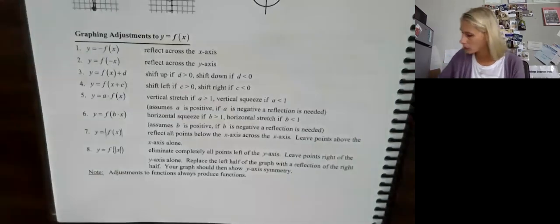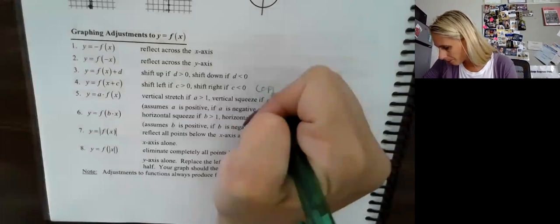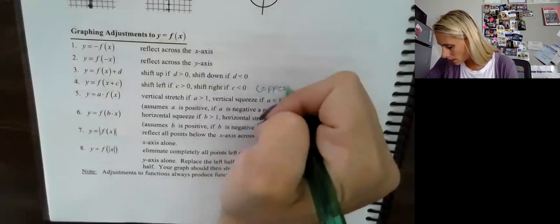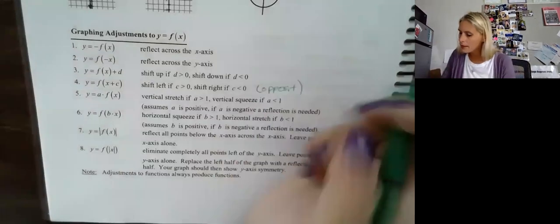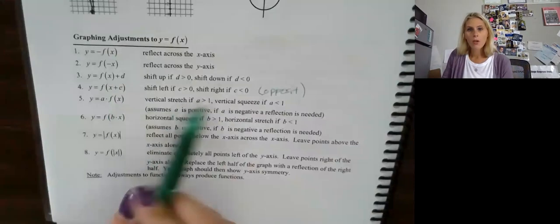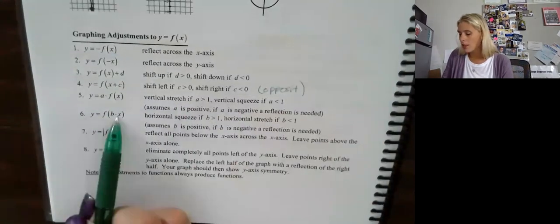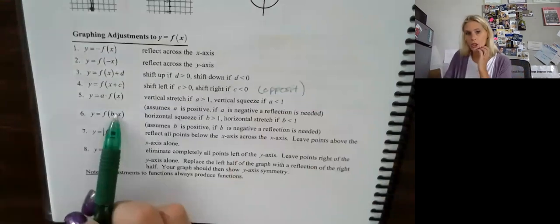So I'm going to put that down so we don't forget opposite. The A out front does a vertical stretch or a vertical squeeze. The B, or the inside multiplied by x, does a horizontal stretch or squeeze.